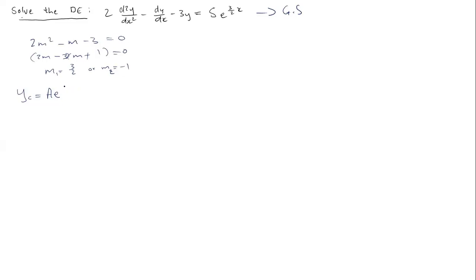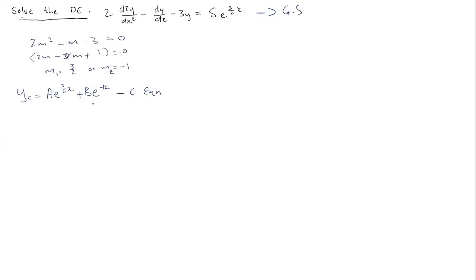In this case, m1 is 3 over 2, so I have 3 over 2 multiplied by x, plus, since I have already used a, another constant b. So I have e to the power of m2, which is negative 1, multiplied by x, so here I have negative x. So that is the characteristic equation.